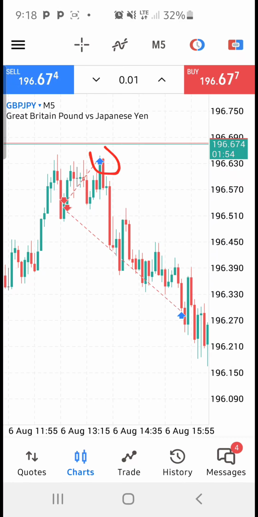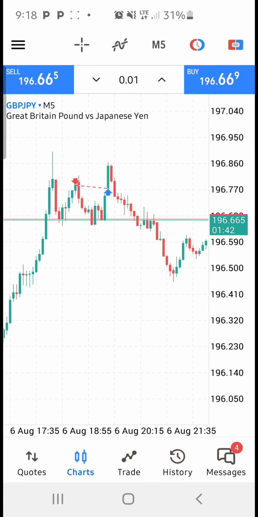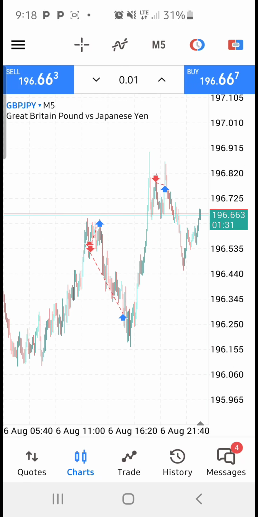I don't know why, perhaps because of the small difference in stop losses I used. The second one went all the way and took my profit. The second entry was stopped at break even. The moment price moved in my direction, I moved stop loss to entry, and then I was stopped at break even before the price eventually went in that direction.